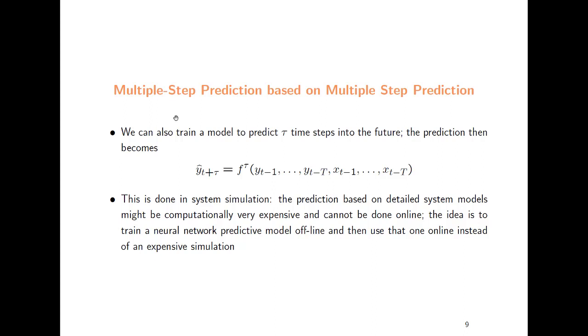One issue is if you want to predict several time steps in the future. So here t-1 is available, but we want to predict maybe tau steps into the future. And maybe this is variable, maybe not. And this is quite interesting in simulation, because sometimes people do have quite sophisticated models in time series based on physical principles and the like, but it's very expensive to iterate them at the time scale and the speed you want in real time.